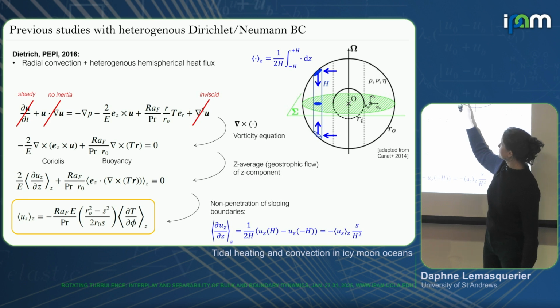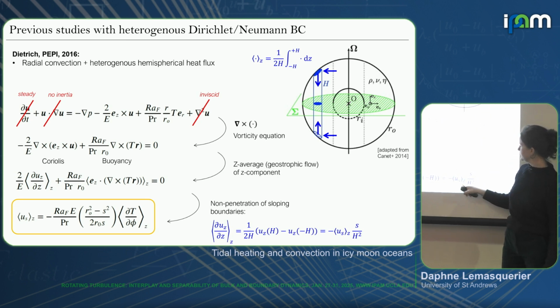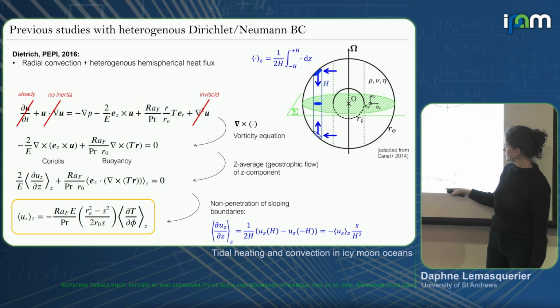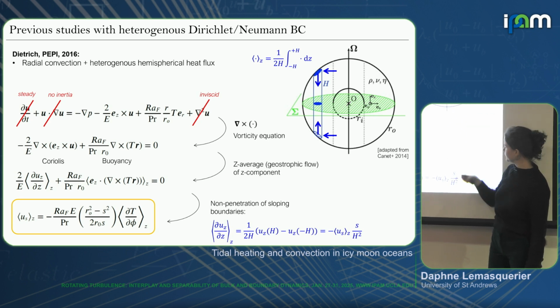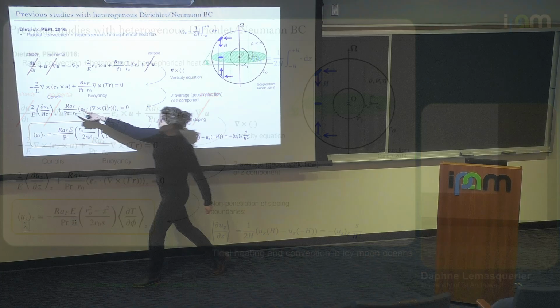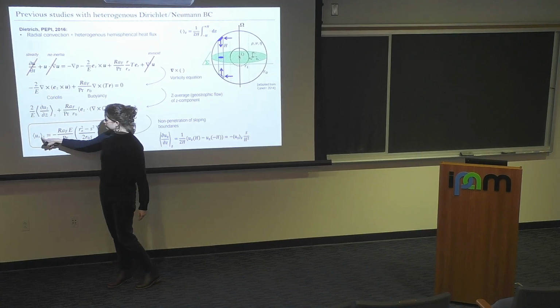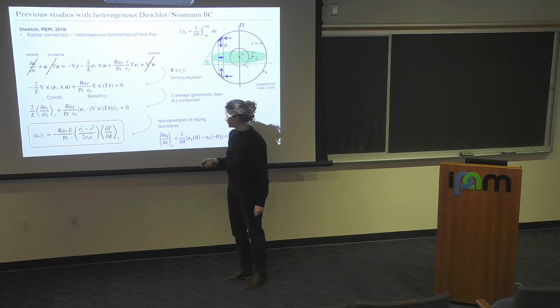And using the fact that you have non-penetration of these sloping boundaries, you can express this as a function of the radial velocity, again averaged vertically, which I call U_s here, s being the cylindrical radius, not the spherical radius anymore. Okay? And so then if you put this back in your equation here, you get an expression for this geostrophic radial flow, U_s averaged over the depth.